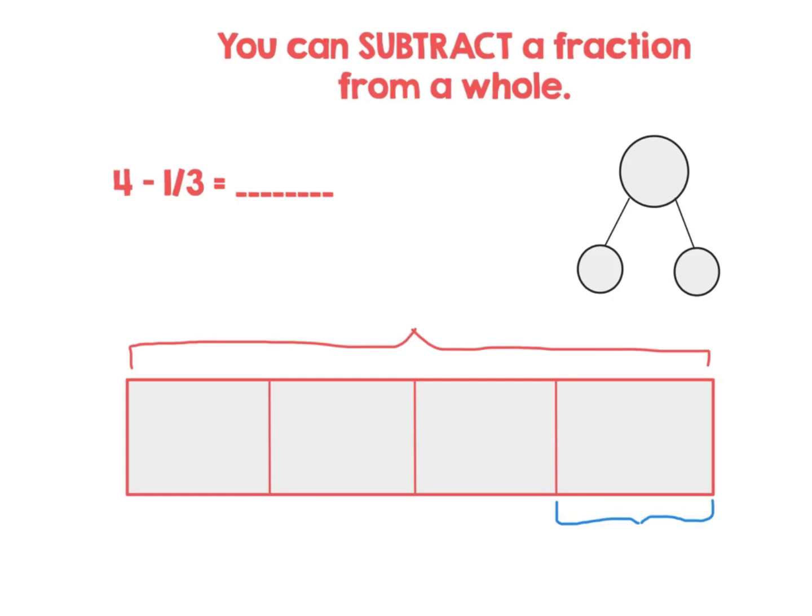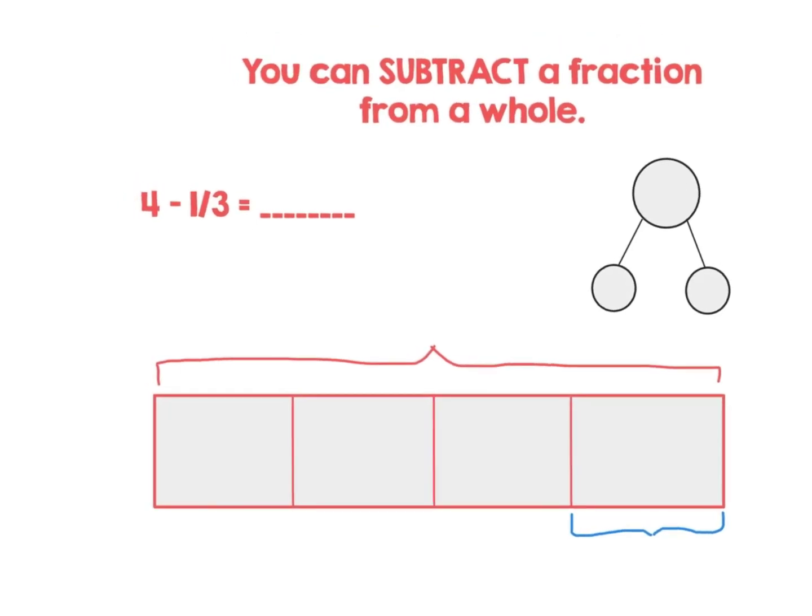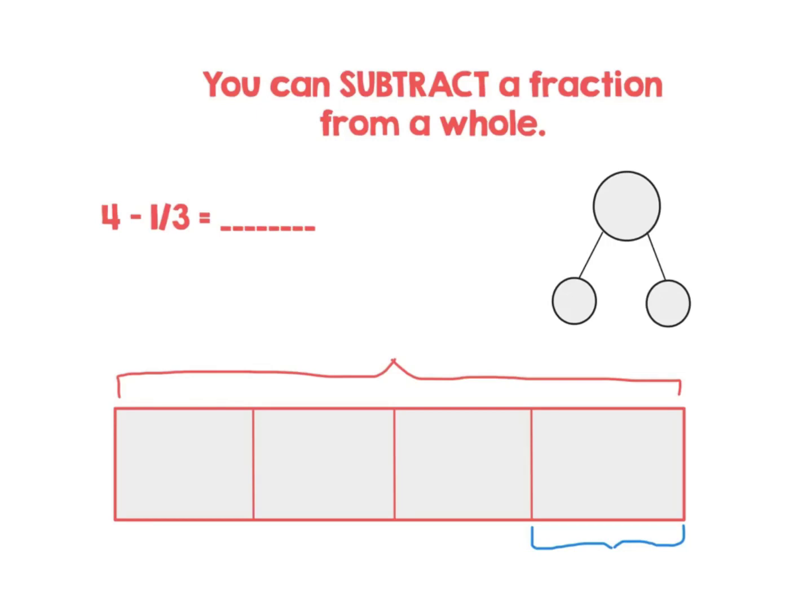So I have 4 cups of flour, and I need to get rid of just 1/3 of a cup. So that means I'm going to have to find a way that I can break those cups apart to represent fractions. I'm going to show you that I have 4 as my whole.